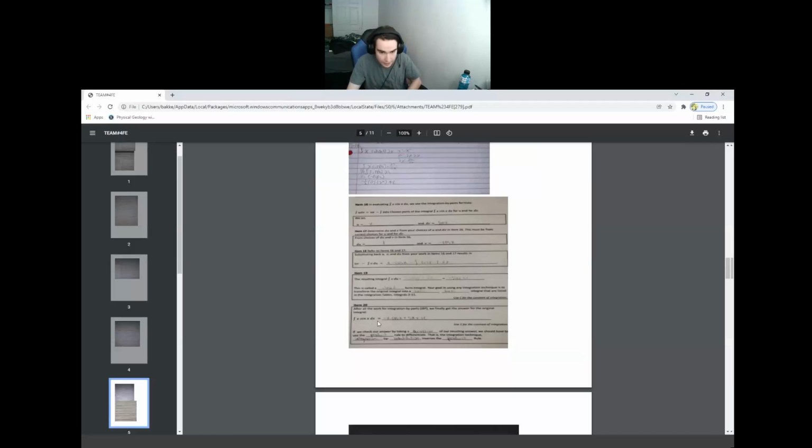And then it asks here, if we check our answers by taking a blank of our resulting answer, we should have to use the blank rule to differentiate. That is the integration technique blank by blank and versus the blank rule.